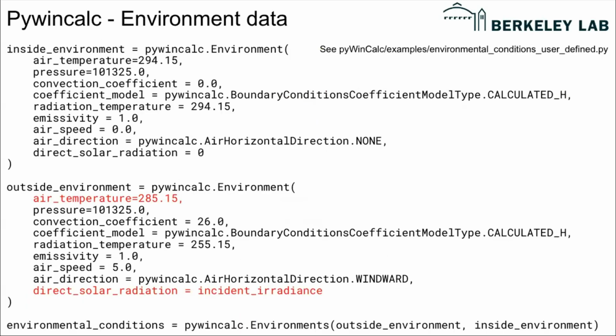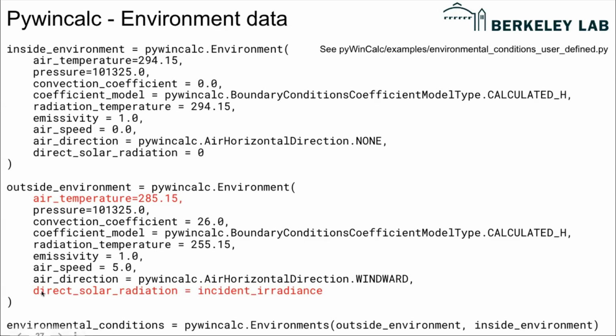And then for the PyWinCalc side, we need to put in environment data. So this is a pretty standard variable that you will build for the inside and outside environment. The key thing to notice that I changed in the PyWinCalc example file is the air temperature that makes it more accurate for the Berkeley weather data, which is where the sky is modeled to.